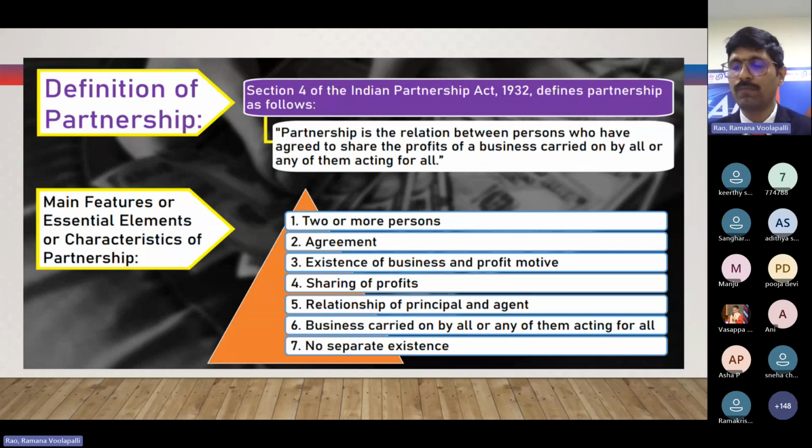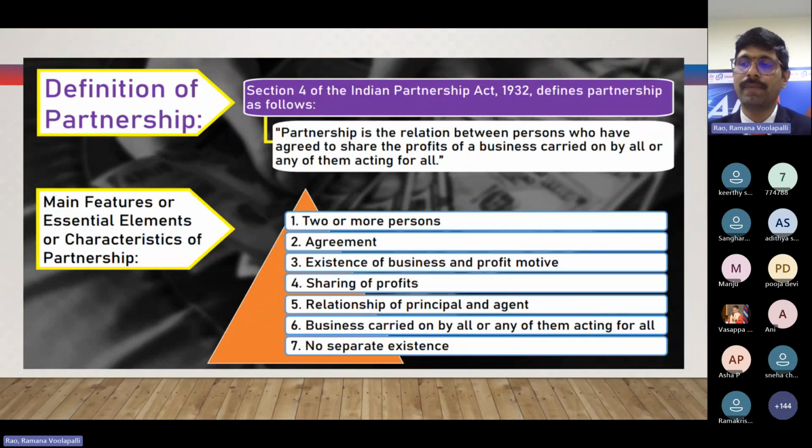One more point is that partners owe a fiduciary duty to each other and to the partnership. What does it mean? They must act in good faith, with loyalty, and in the best interest of the partnership. While dealing with a third party, the third party is entitled to assume the partner has authority to act for the partnership unless they know otherwise.